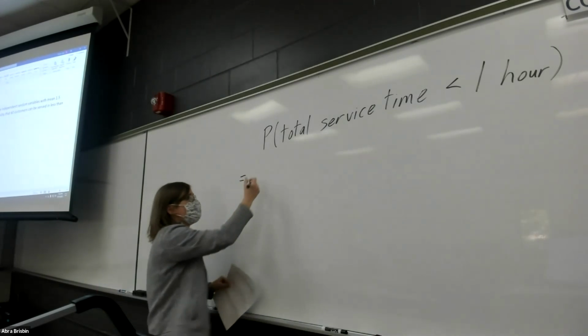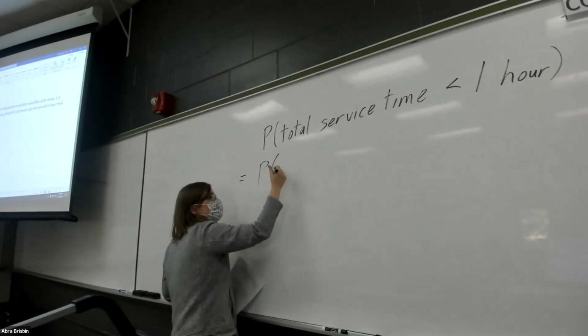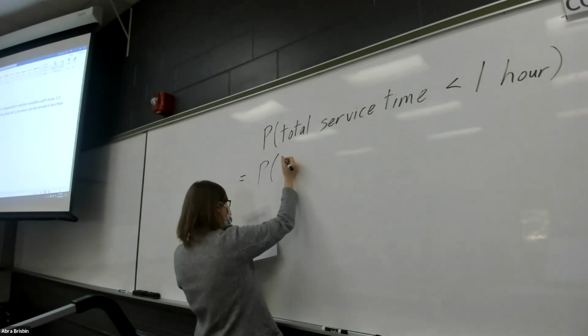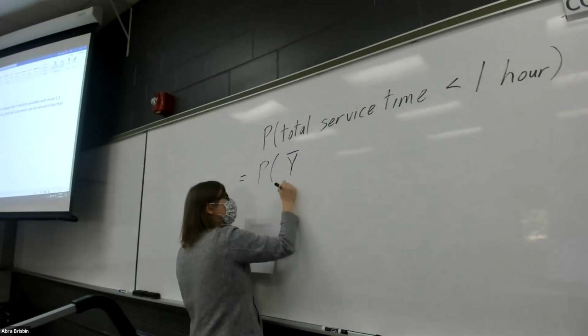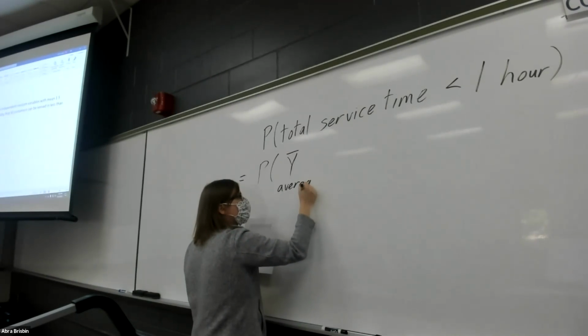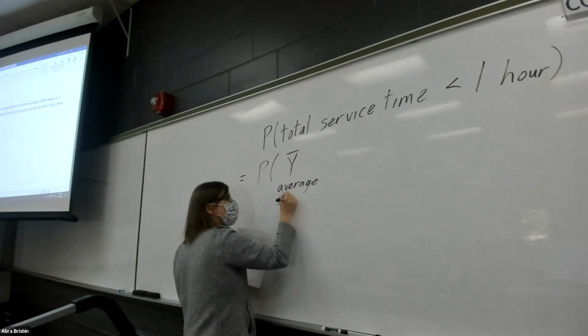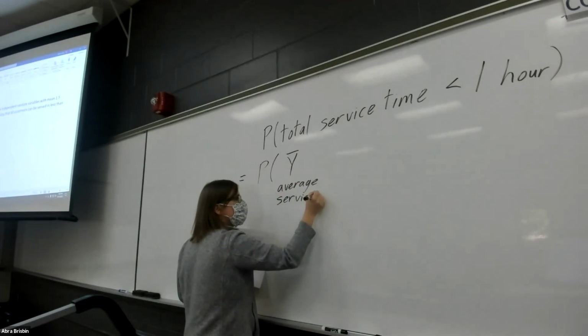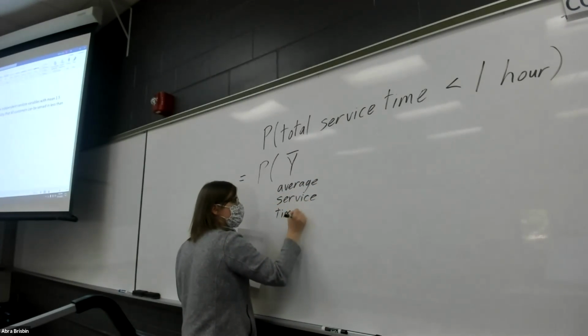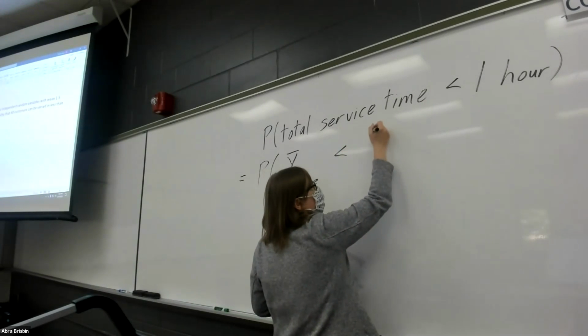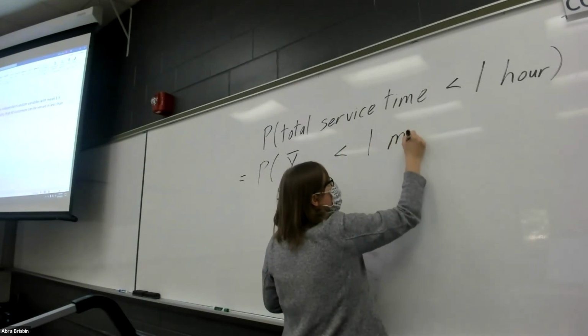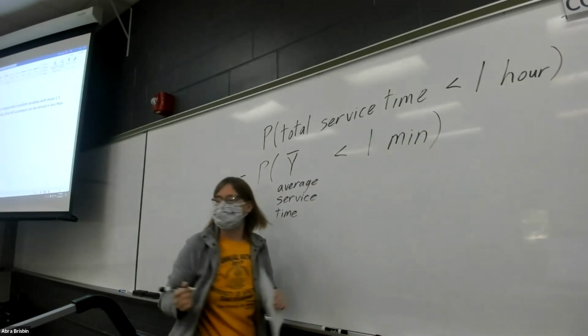Well, that's just the same as saying we want to find the probability that the average service time for these 60 customers is less than 1 hour divided by 60, or less than 1 minute.